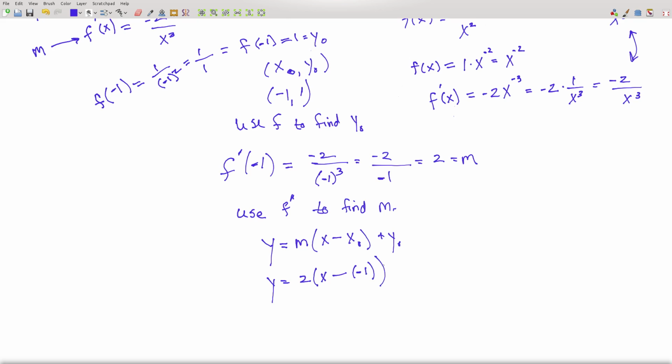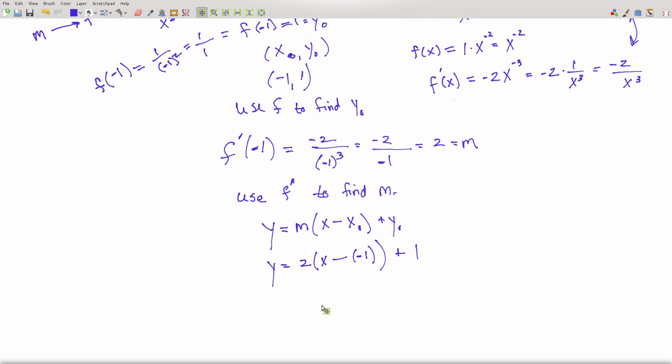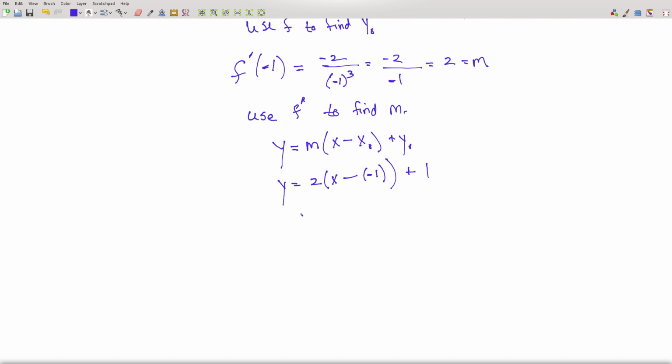See what I did there, using parentheses? Plus, and what was the y-coordinate that we just found? We used f to find it. That was a 1. So I'll plug it in right here. I'm just going to simplify this, clean it up a little bit. So we have y equals 2 times the quantity x, and this is minus a negative, so I'll write that as plus 1, and then plus 1.